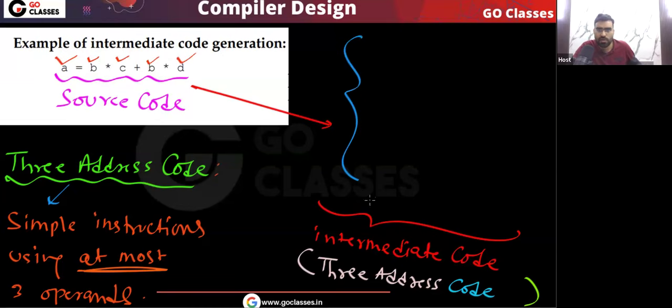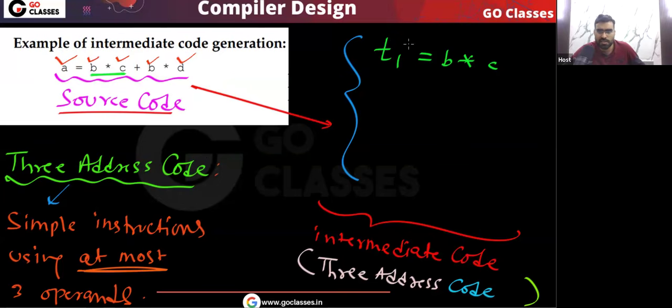So in the 3 address code, how will you convert this source code to 3 address code? Very simple. First you will do B into C, and you store this in some temporary variable T1. This T1 is a temporary register, or you can say a temporary variable.